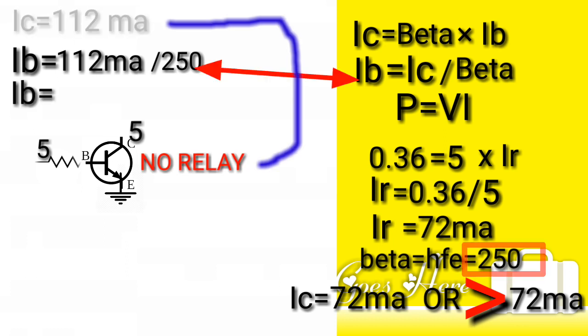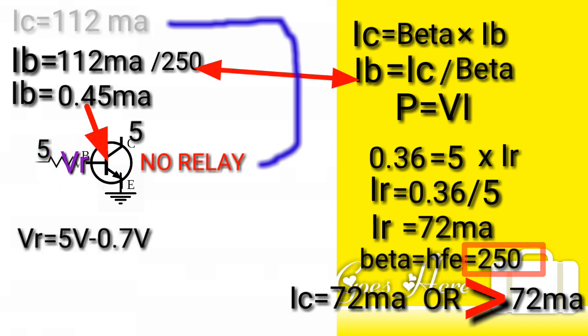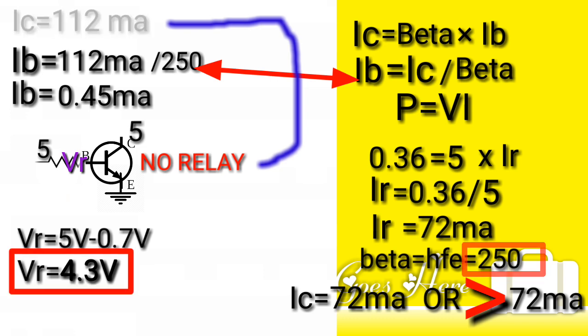IB equals 0.45 milliamp, and now we can calculate the voltage drop at the base bias resistor. VBR equals 5 volt minus the internal forward voltage of the BD139 for silicon, which is 0.7 volt. Therefore, VBR equals 4.3 volt.